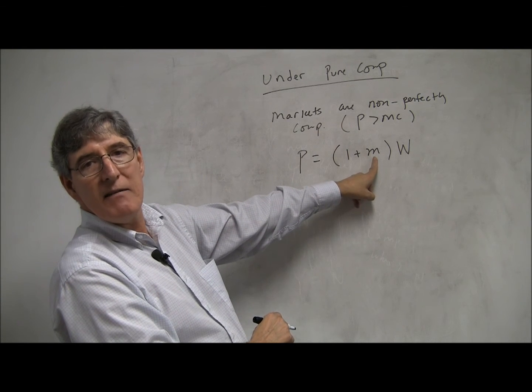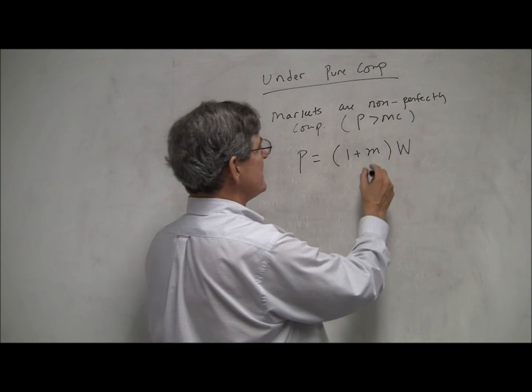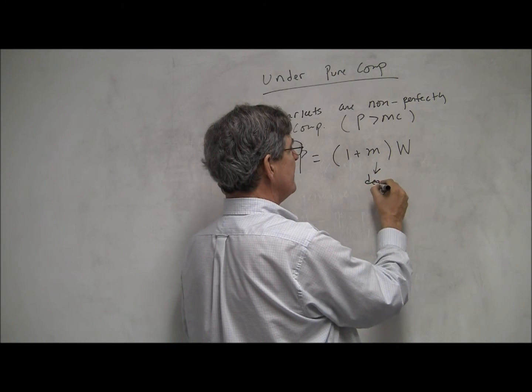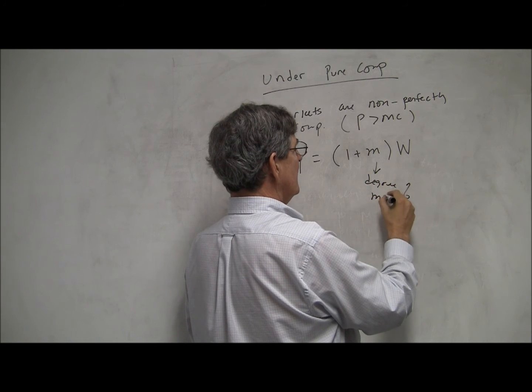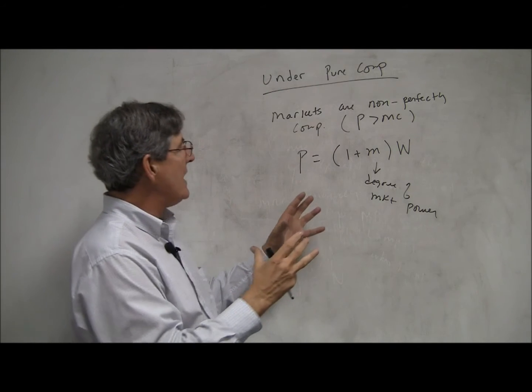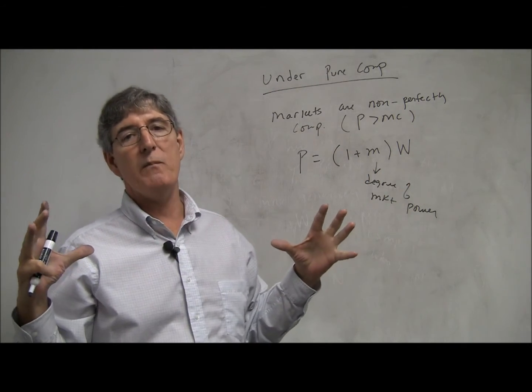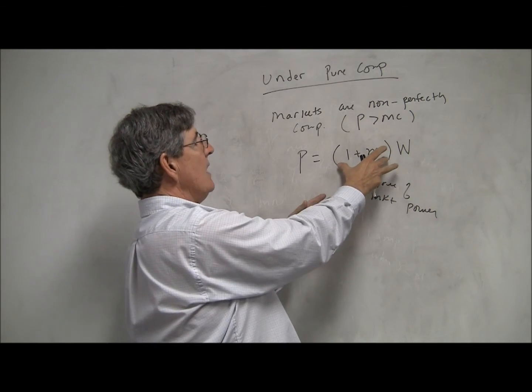M is the degree of monopoly power, the degree of market power. As market power gets bigger and bigger, the wedge, the difference between price and marginal cost, gets bigger and bigger. So for a pure monopolist, this will be a big number.